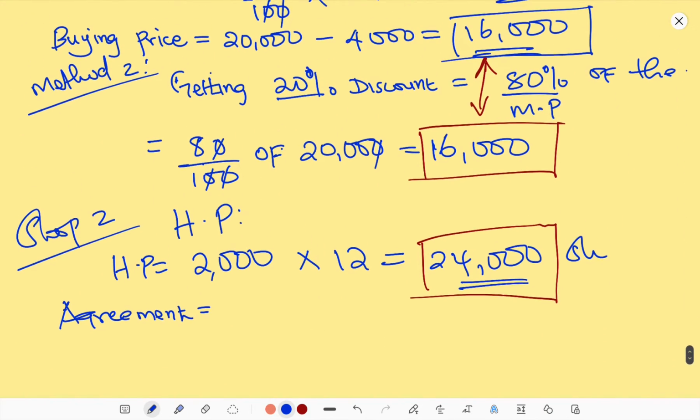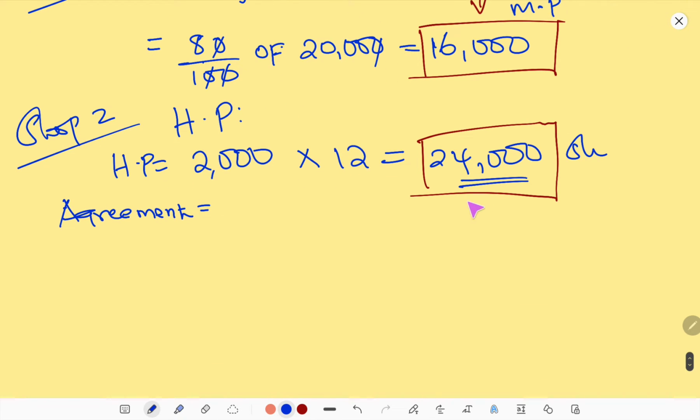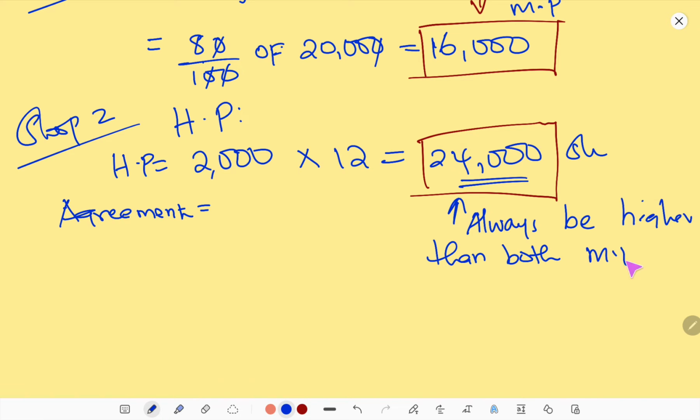Another point to understand about hire purchase is that the hire purchase price will always be higher than both the marked price and the cash price, all the time, because you are not paying for the item at once.